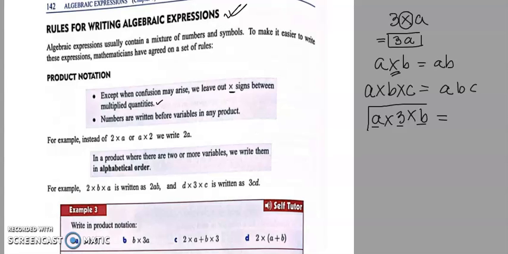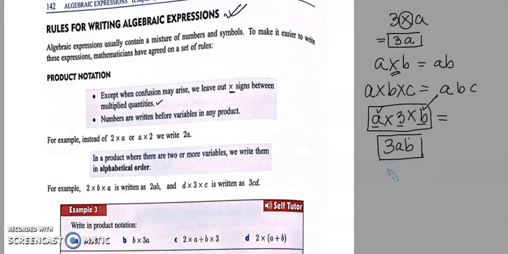So we will first of all write the number 3, and then letters we will write in alphabetical order. It may appear in any order, but we will write here in alphabetical order. So A appears first in the alphabet, so we will write A followed by B. So a times 3 times b can be written as 3ab.